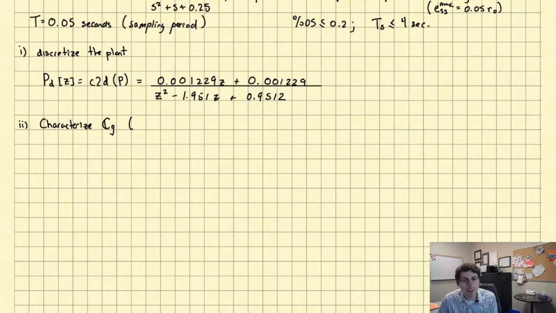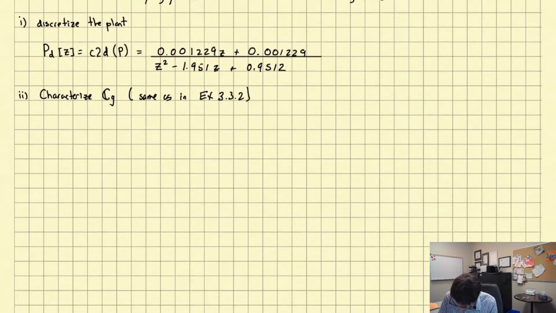And I'm just going to mention that this is literally exactly the same as example 332. So I'm just going to write it down. It comes from the settling time and the overshoot. So this is same as in example 332. And I won't belabor the point. Let's just write it down. You want them sufficiently far to the left to get the settling time spec, which was 4 seconds.